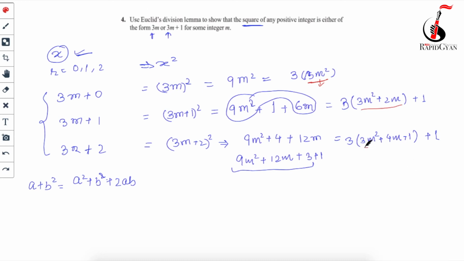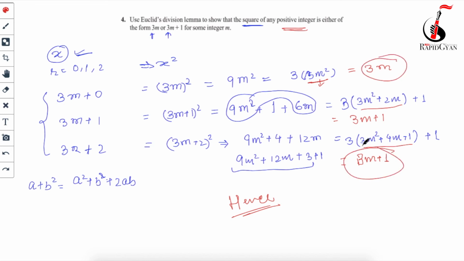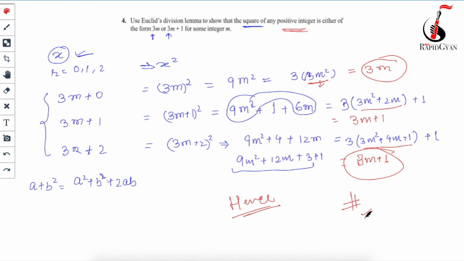So collectively, I can write this as 3m, this as 3m plus 1, this also as 3m plus 1. Hence we can say that the square of any positive integer can be written either in the form of 3m or 3m plus 1. Hence proved.